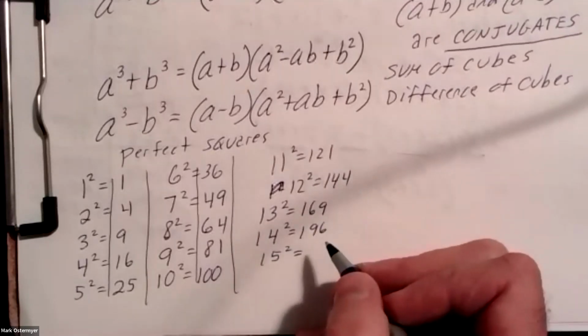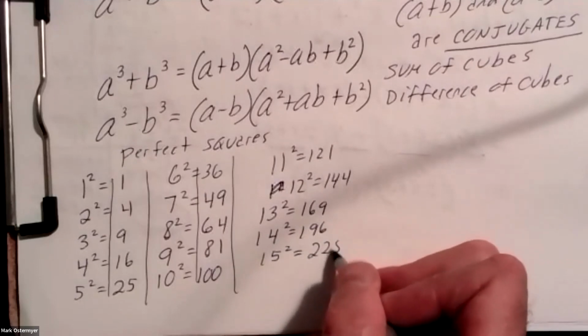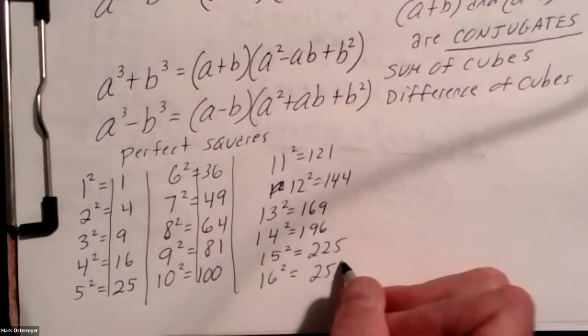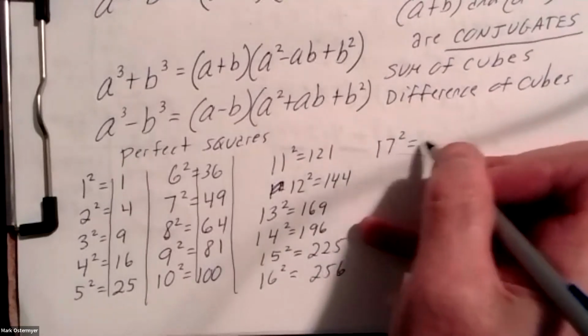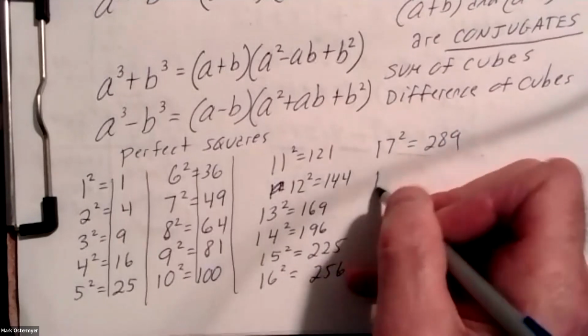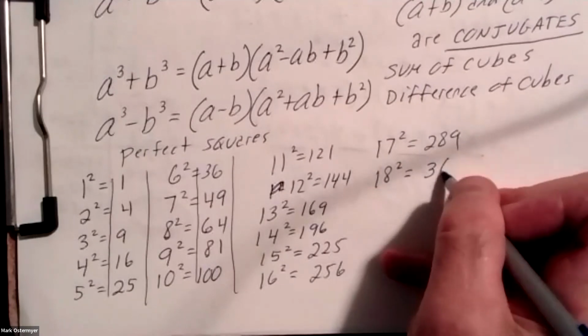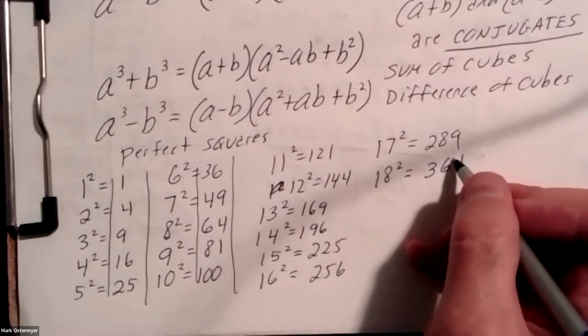Perfect square of 15, 15 times 15 is 225. Perfect square of 16, 16 times 16 is 256. Perfect square of 17 is 289. 18 times 18 is going to be 324, excuse me.